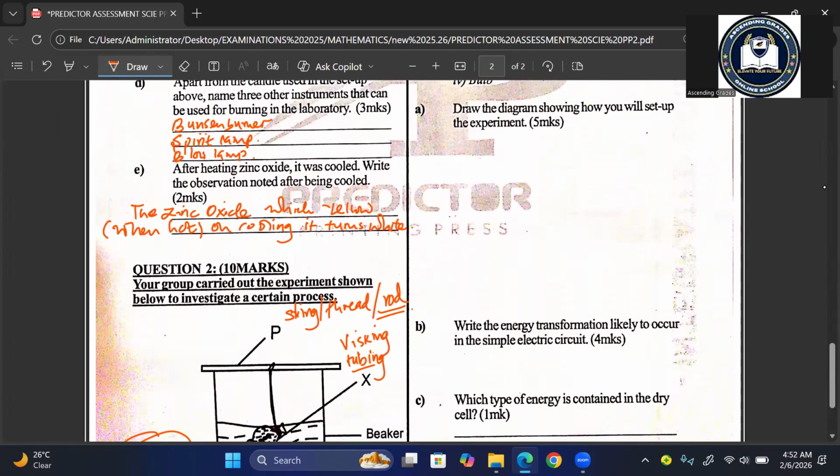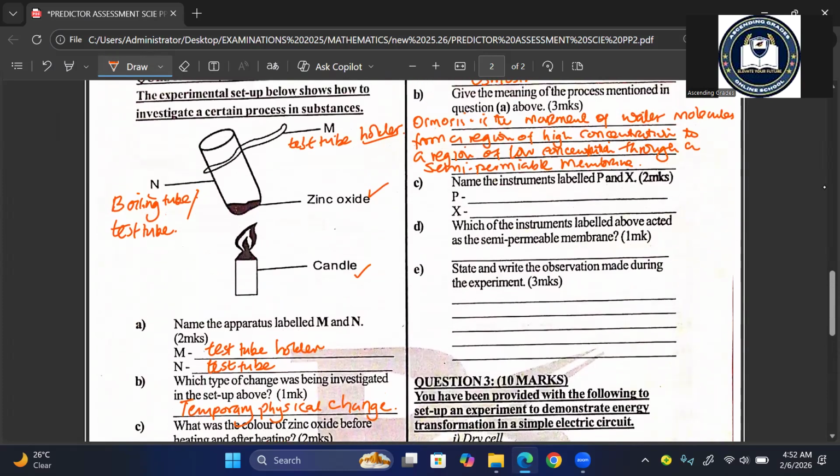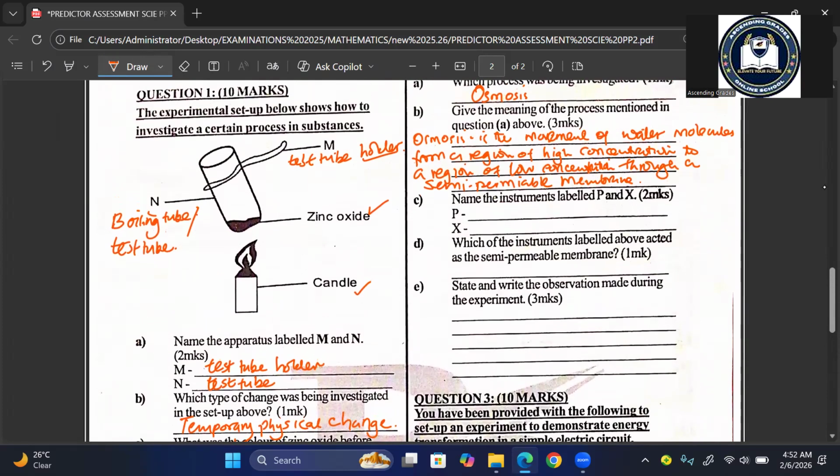Then X becomes Visking tubing. So this one will be a string, a thread, or a rod. Then X will be Visking tubing.